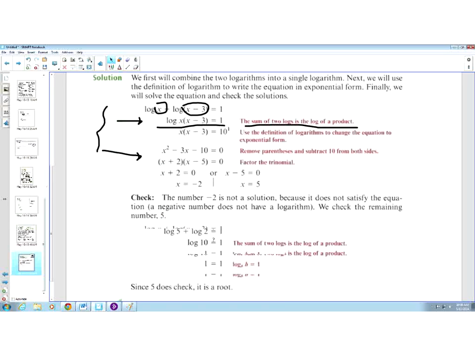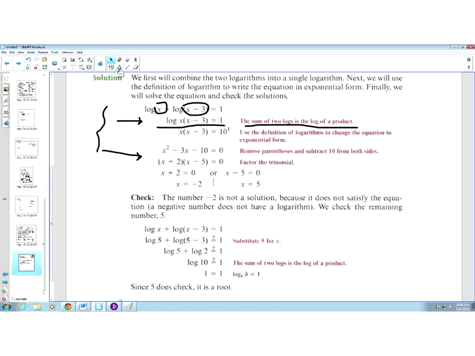Remember the domain of the log function, if you recollect the graph of any log function, x has to be greater than 0. And since negative 2 came out as a solution to this equation, if we plug in negative 2 here, we'll have log of negative 2, and that just doesn't happen. So we reject negative 2 as a solution.